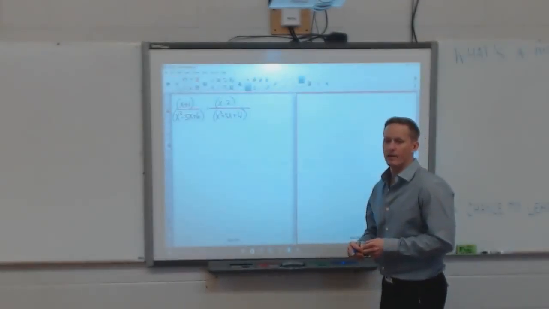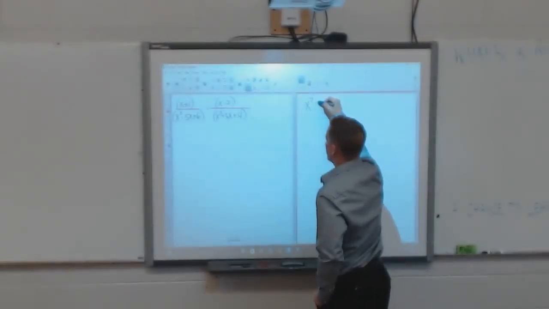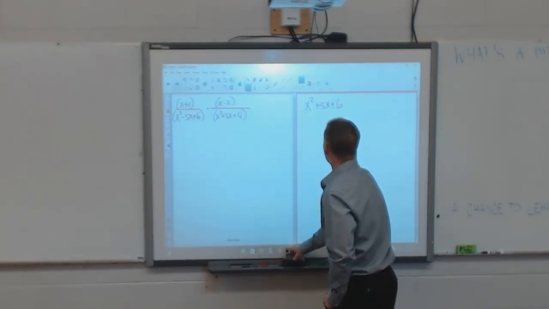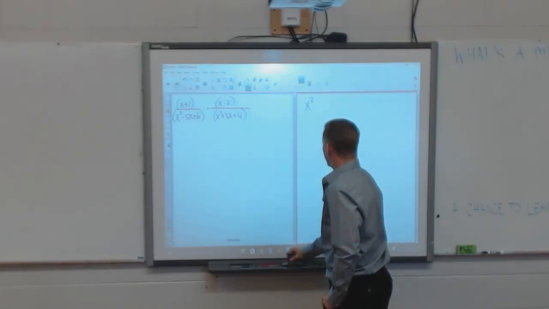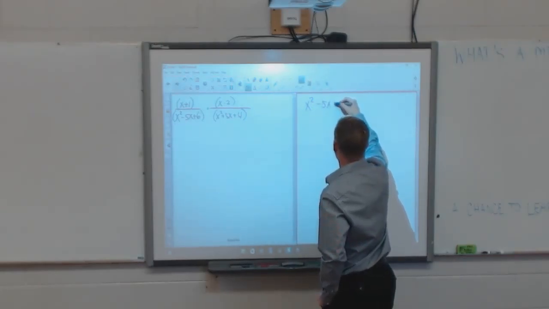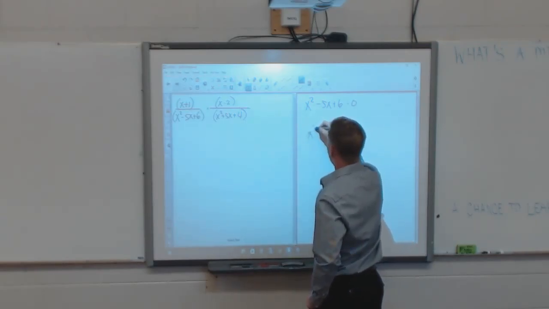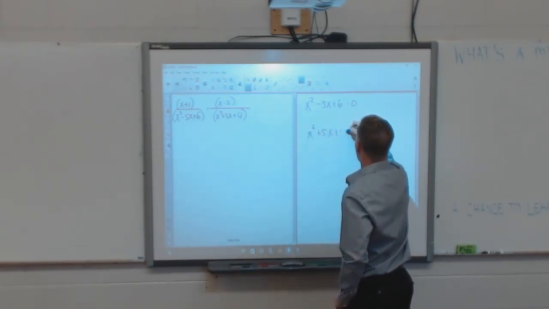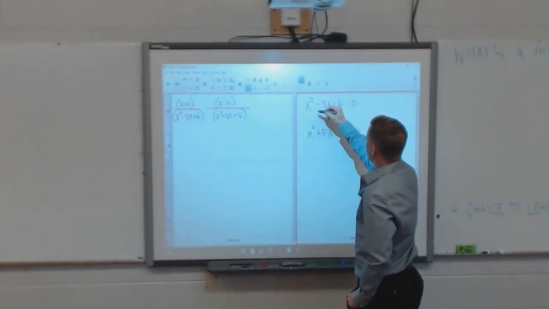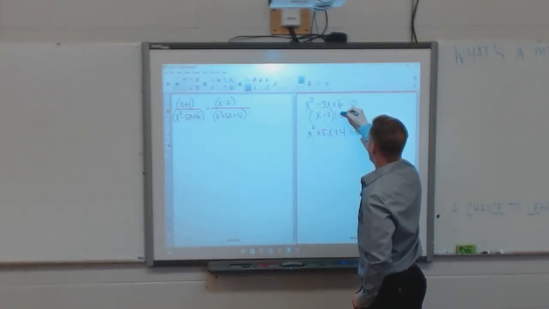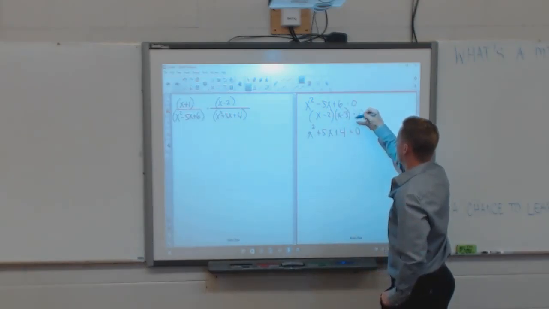Okay, so then I'm going to write my denominators down. So x squared minus 5x plus 6 equals 0. And x squared plus 5x plus 4 is also equal to 0. So this factors to x minus 2, x minus 3 equals 0.